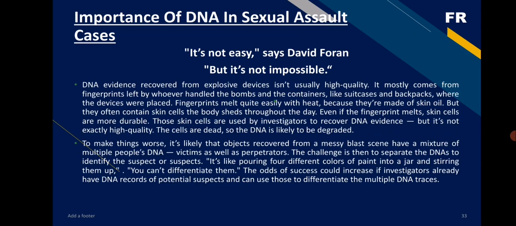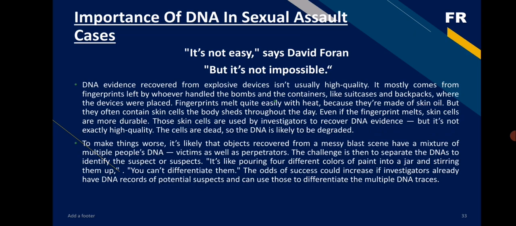Fingerprints melt quite easily with heat because they are made of skin oils, but they often contain skin cells the body sheds throughout the day. Even if the fingerprint melts, skin cells are more durable. Those skin cells are used by investigators to recover DNA evidence, but it's not exactly high quality. The cells are dead, so the DNA is likely to be degraded.